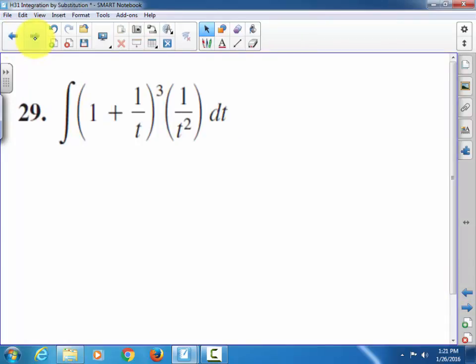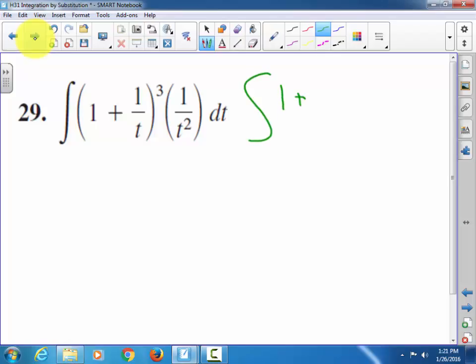29. Okay. So, what are you thinking there? Make this, both of them up, okay? 1 plus t to the negative 1 cubed and t to the negative 2 dt, all right?